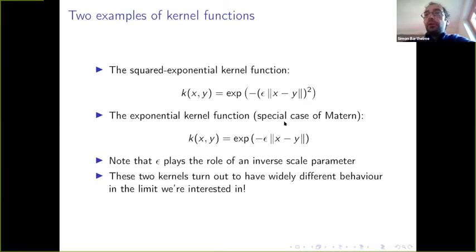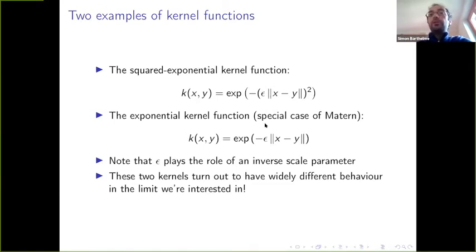A rather different kernel function, although it looks on the surface quite similar, is the so-called exponential kernel, where instead of having the distance squared, the distance. So exponential of minus epsilon distance from x to y. And here the parameter that I called epsilon, for reasons that are going to be obvious in a second, is an inverse scale parameter.